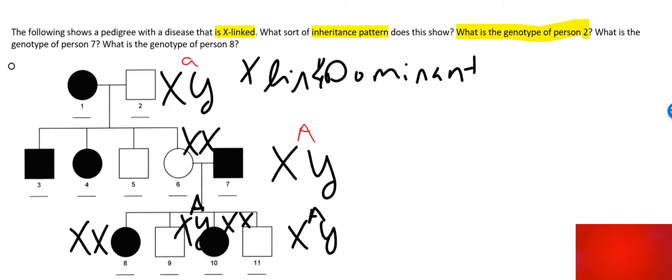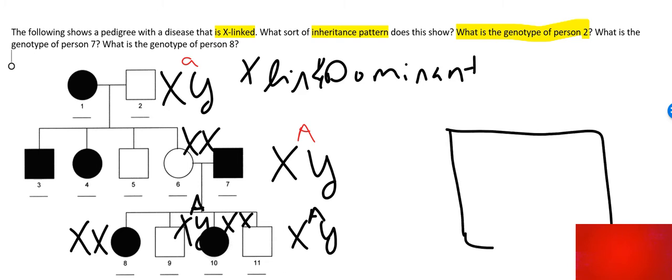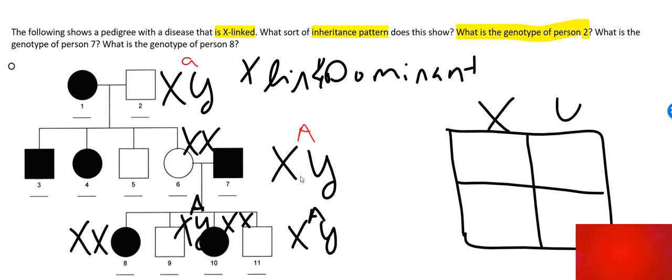So we really want mom. Let's go ahead and draw out our Punnett square. We have dad, whose genotype we already have, so he's XY. He's going to have that uppercase A disease allele.